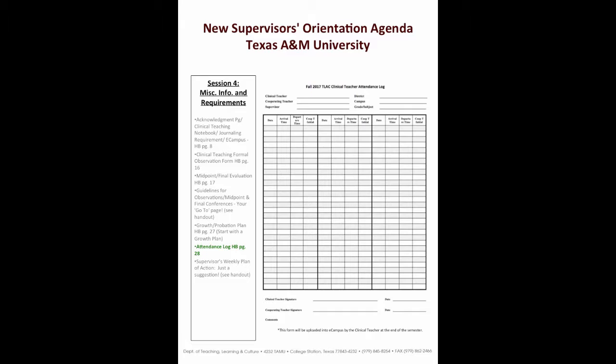It is the clinical teacher's responsibility to keep the log up to date and ask his or her cooperating teacher to initial it each day. The cooperating teacher's initial will indicate that the data entered is correct. You will monitor this requirement by spot checking the log during each visit or observation.